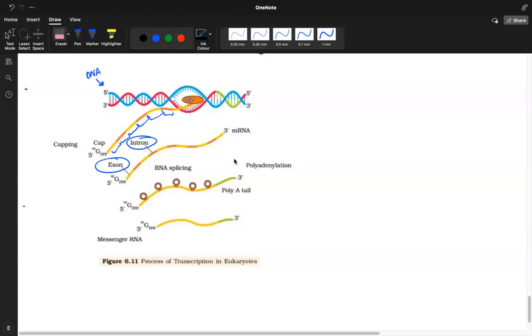Okay. Now the question is, which is a very interesting question: when introns ultimately have to be removed, why are they present in the first place? It's like you have written a letter to your friend, but after every word that makes sense, you have put a word that does not make sense.